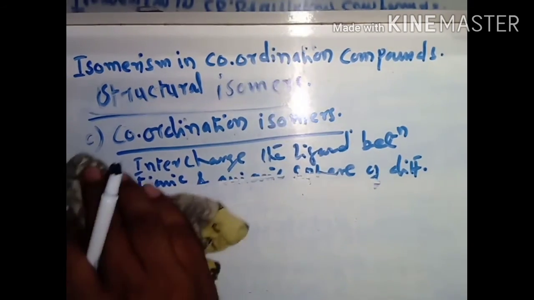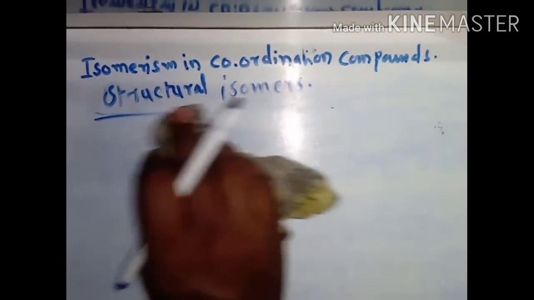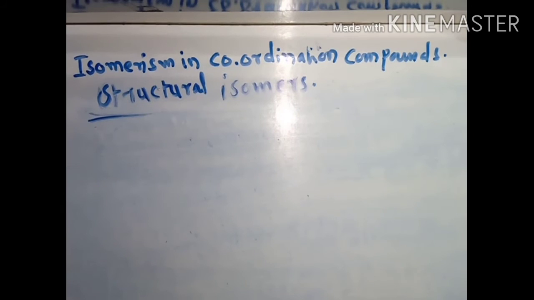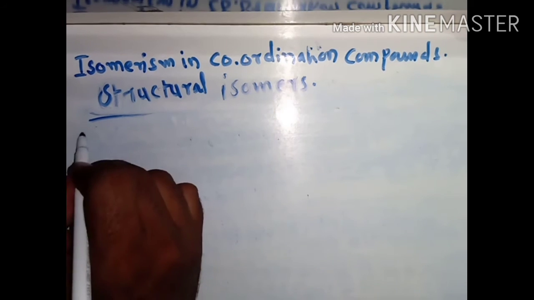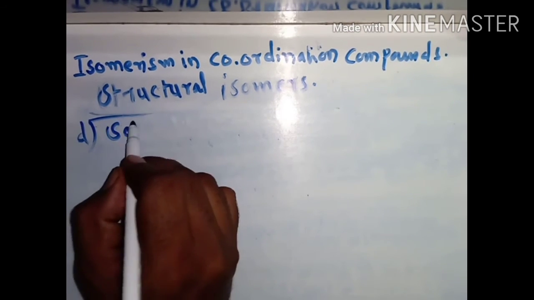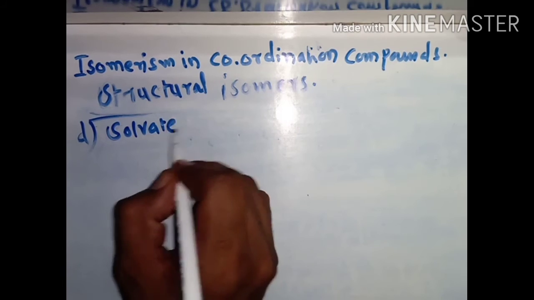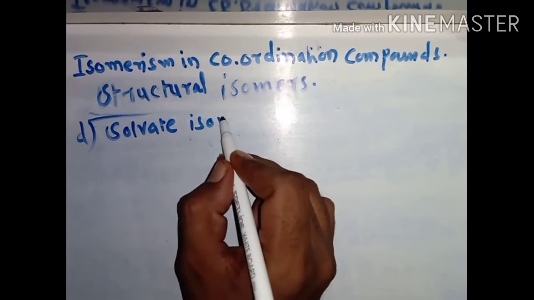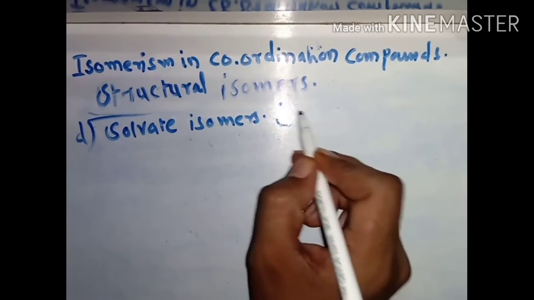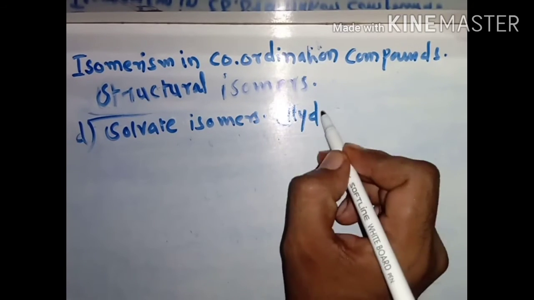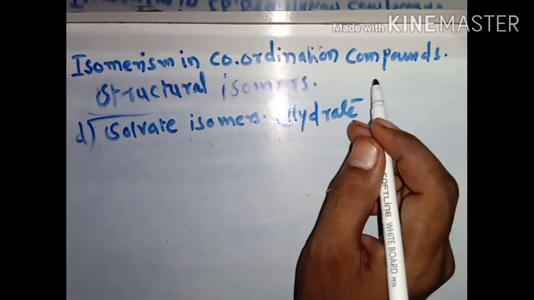Now the next one or last one, that is solvate isomers. Fourth one, that is solvate isomers, or they are also called as hydrate isomers.